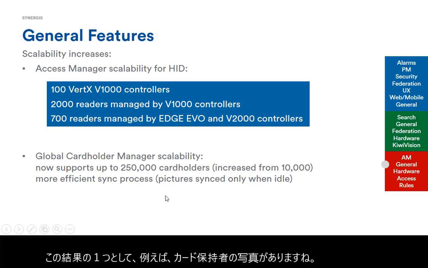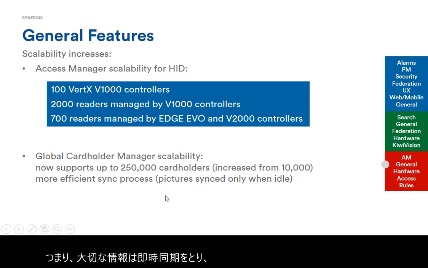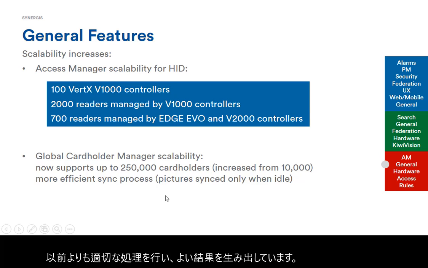So for example, one thing it does now is if you have pictures, it's only synced when it's idle. So the important information gets synced right away, and then things like the pictures, that's heavier on the data, so let's put that aside, and once we've got everything done, let's do that afterwards, kind of thing. So it's really much more efficient. It's a great improvement here.